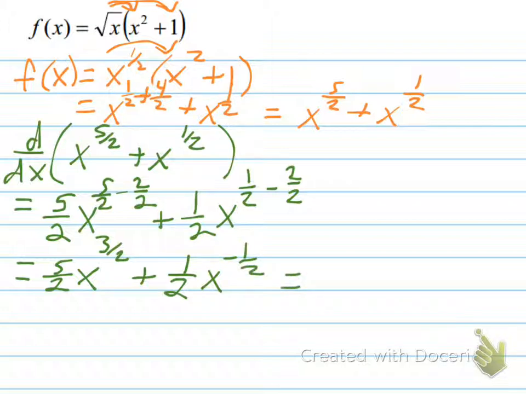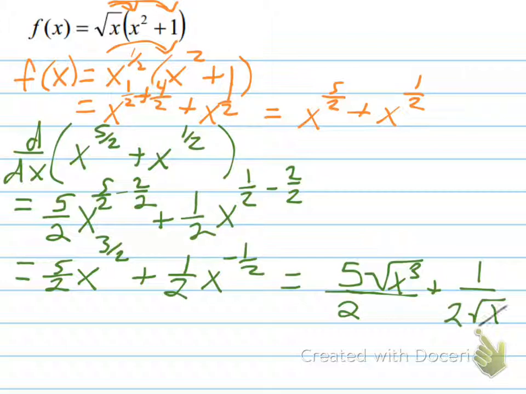And if I were being fancy, I would make my answer 5/2 times the square root of x cubed plus 1 over 2 times the square root of x. My negative here makes this x term go down to the denominator. And that's the answer.